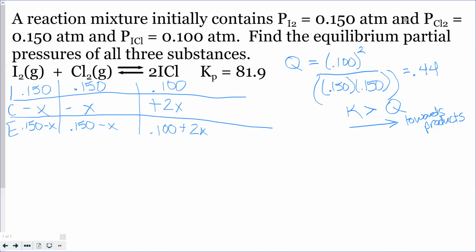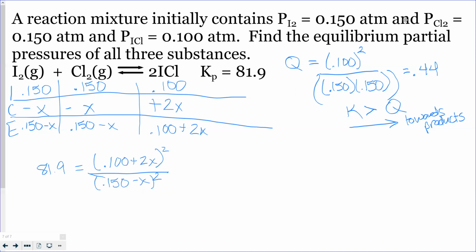So we have our K value, 81.9. That is equal to our product, 0.100 plus 2X, squared, divided by 0.15 minus X times 0.15 minus X. Because we have that twice, we can rewrite it as being squared, because it's the same thing being multiplied.